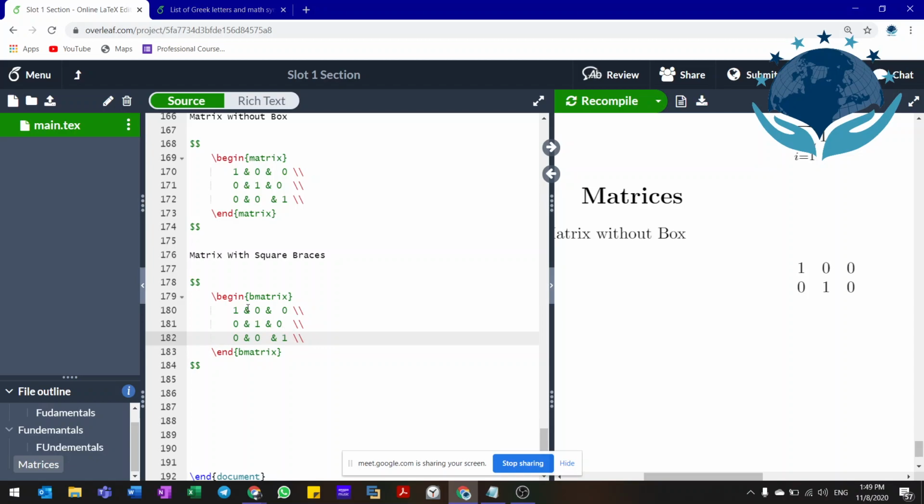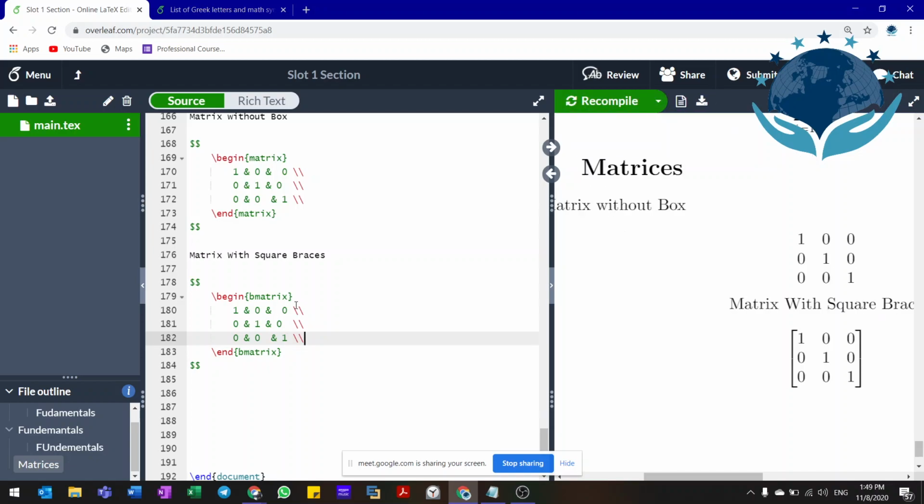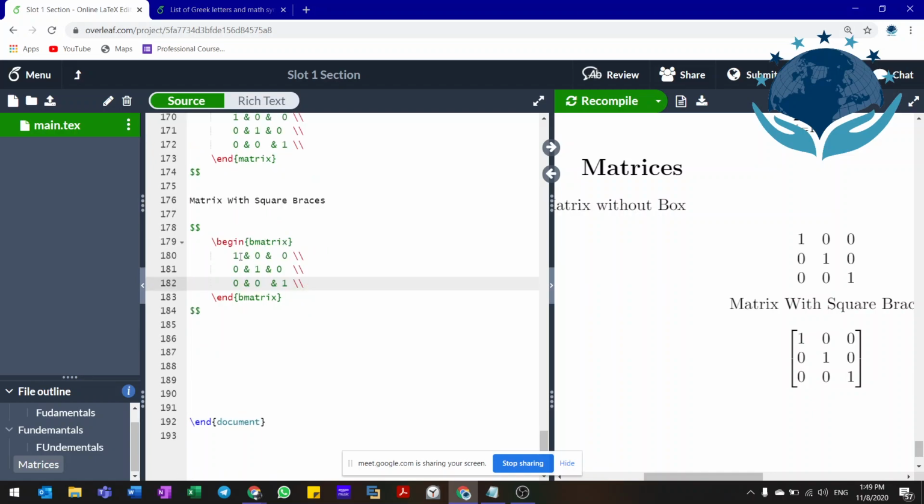Each element is followed by the ampersand, except the last element, which should be followed by the double backward slash. You can see that this matrix has been printed with the square brackets.